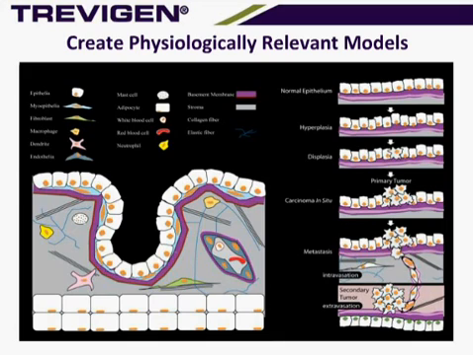Okay, so the purpose really of 3D culture and everything we're talking about here with spheroids, it all relates back to being able to create physiologically relevant models. And on the left here, I have a slide that represents mammary tissue. And really what I just want you to see here is that it is composed of many different cell types and different ECM, and it's a very complex environment.